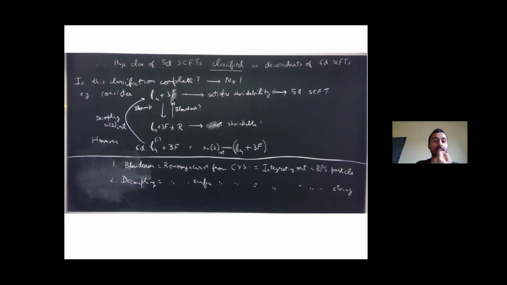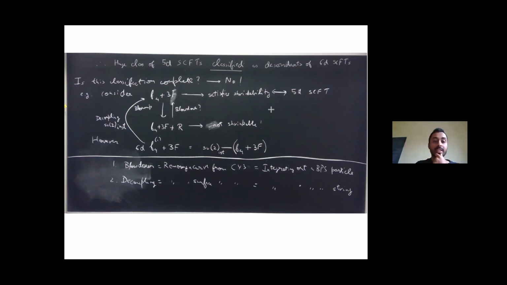And as we have seen, doing a blow up on a Calabi-Yau threefold corresponding to a gauge theory simply adds a hyper in some representation of the gauge algebra. So I'm going to obtain a Calabi-Yau threefold for F4 plus 3F plus some other representation R. And it's known that all such Calabi-Yau threefolds are not shrinkable. So you can see that this 5D SCFT does not fall into this huge set of 5D SCFTs that I just described.